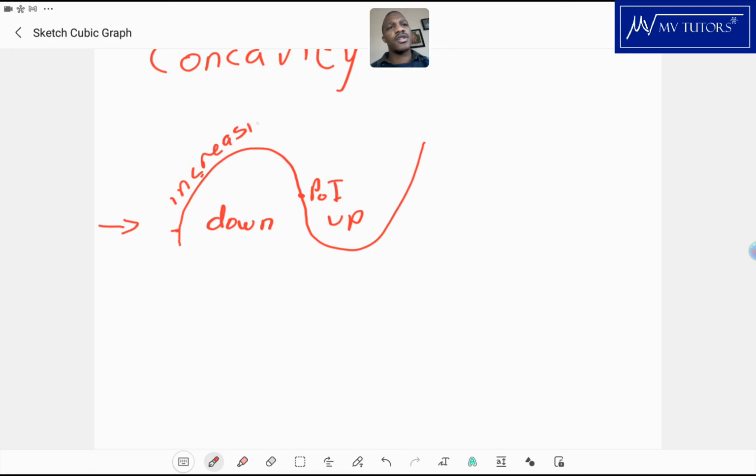But once it starts going down, and it changes from up to down at the turning point, then we call it decreasing. It's being a decreasing function at that point. So it increases, decreases, and increases again. That's how we categorize those things of concavity.